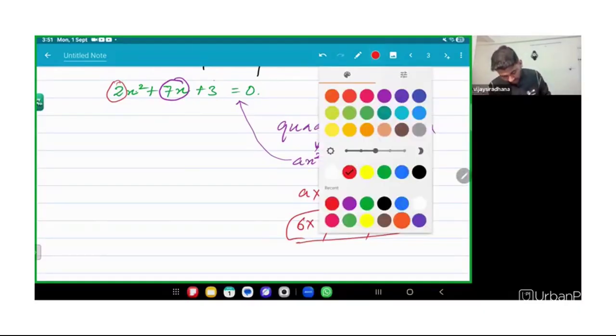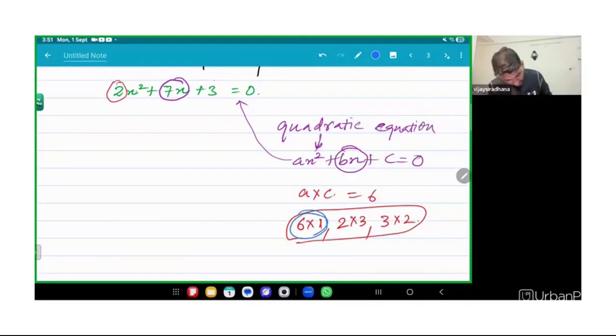So in this one only, there is a possibility, which is 6 into 1. So we are getting 6, and 6 plus 1 is 7. So we need to split this 7x in this form, which is 2x square plus 6x plus x plus 3 is equals to 0.